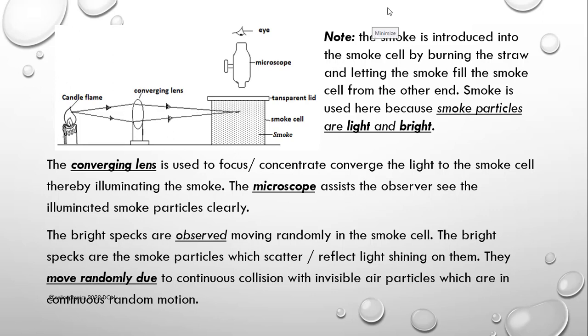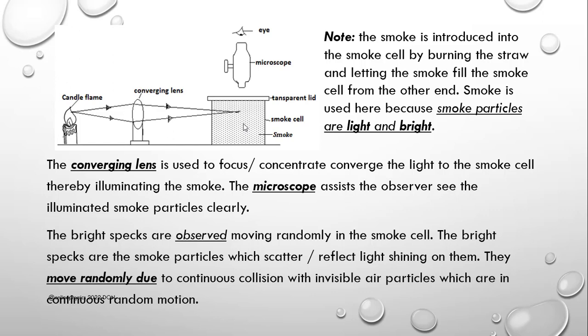In the smoke cell experiment, we have smoke trapped in a smoke cell, and then we have a transparent lid that is covering that smoke so that it cannot escape.